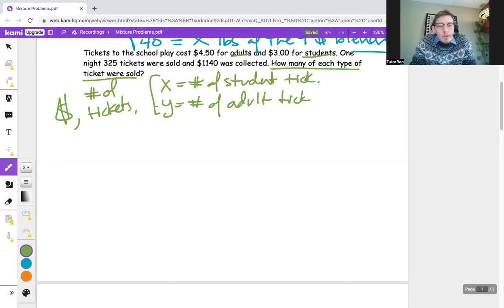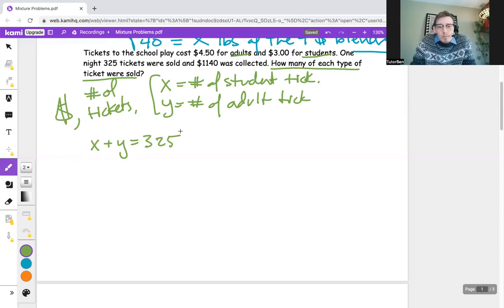The first equation I think is always easiest. It's just the number of tickets. So if X is the number of student tickets, Y is the number of adult tickets, and there was a total of 325 tickets sold, then our first equation is just X plus Y is equal to 325. Not bad.